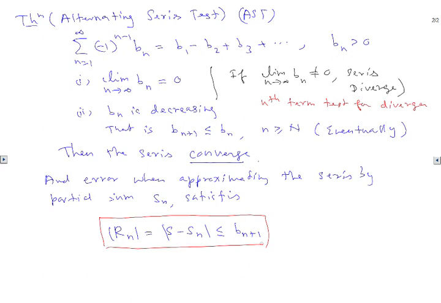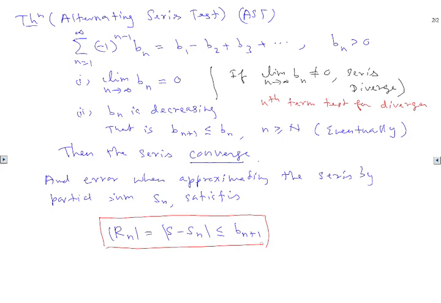If the limit is 0 and bn is decreasing, then by the alternating series test the original series converges. And if the limit is not equal to 0, by the nth term test the series has to diverge.